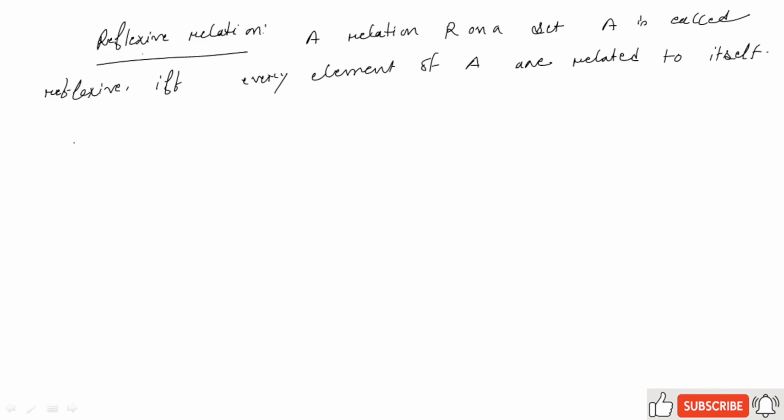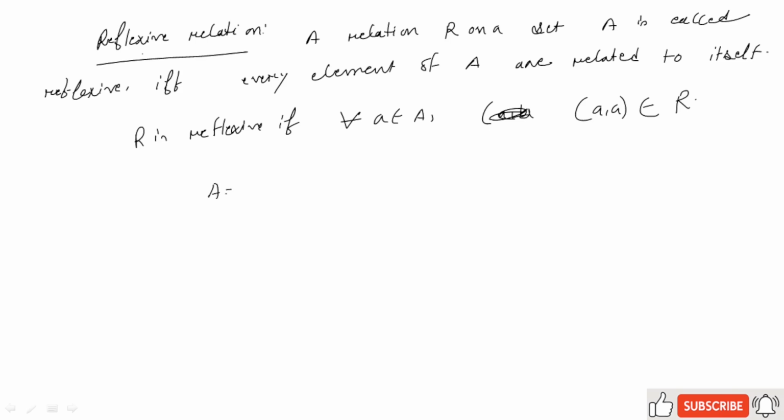That means R is reflexive if for all a belongs to A, (a, a) belongs to R. Take an example, suppose A is {1, 2, 3}.